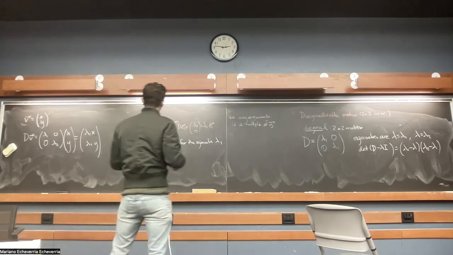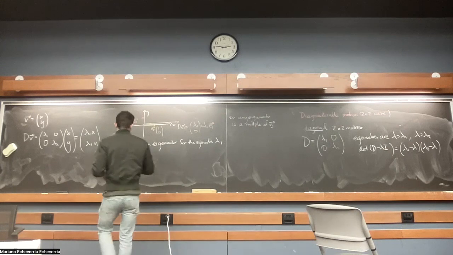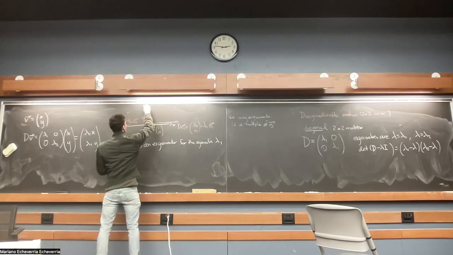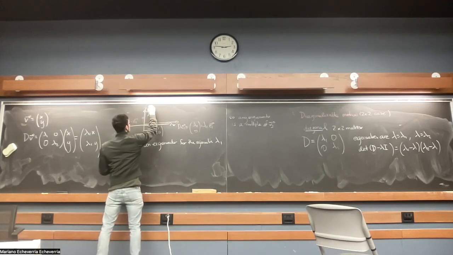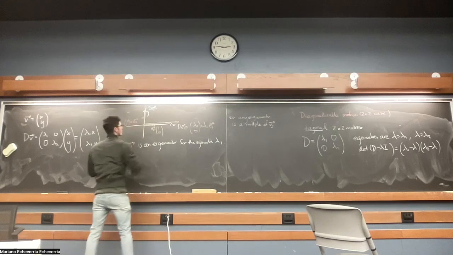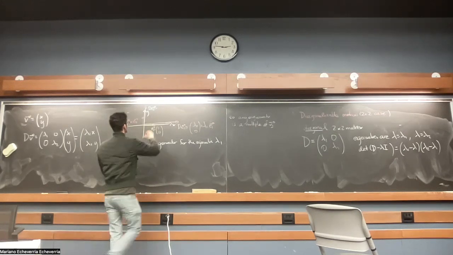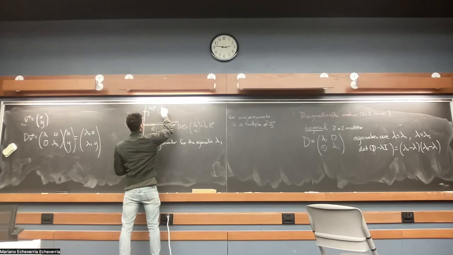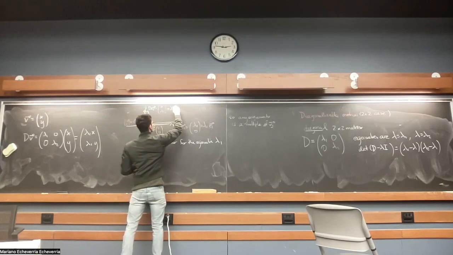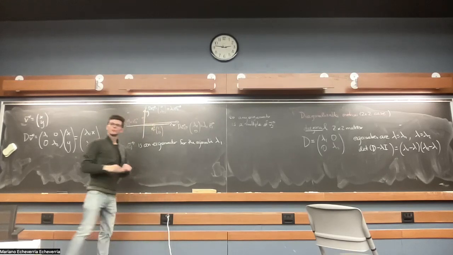So if you take E2 and do D times E2, that gives you 0, lambda 2, which is lambda 2 times E2.